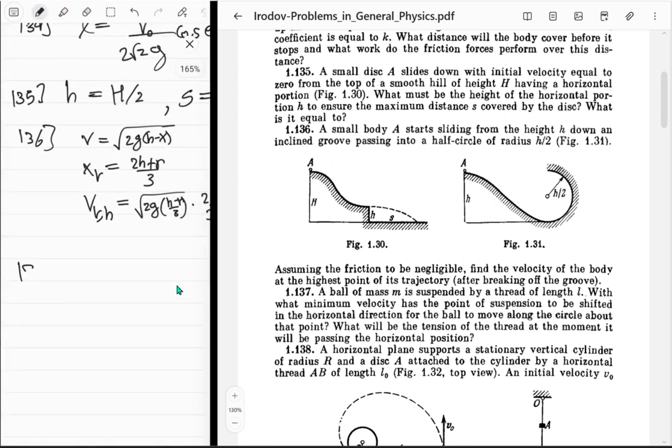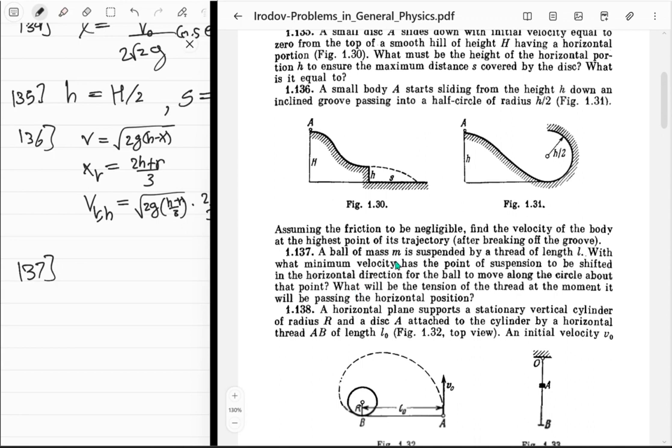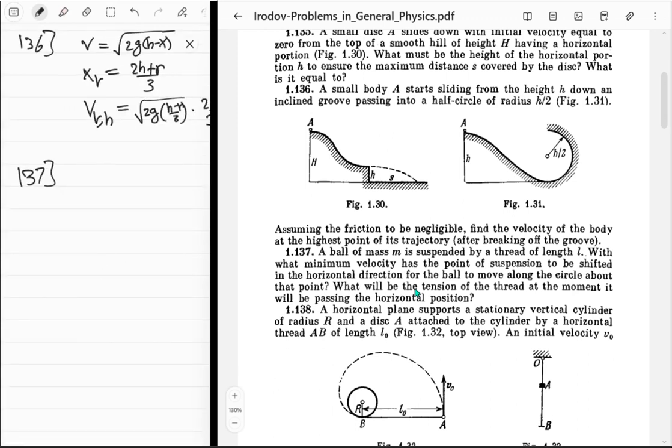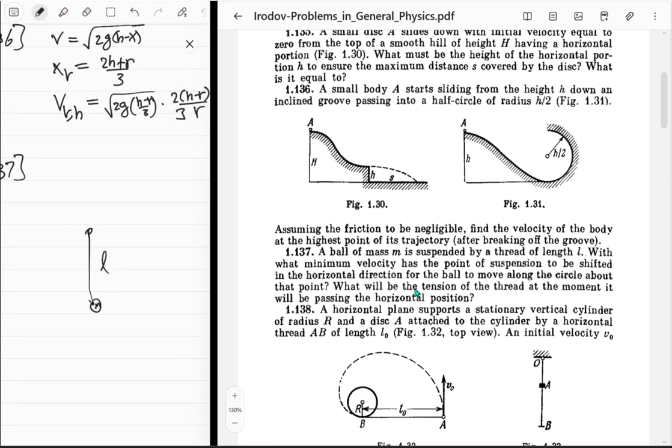137. A ball of mass m is suspended by a thread of length L. With what minimum velocity has the point of suspension to be shifted in the horizontal direction, for the ball to move along the circle about that point?